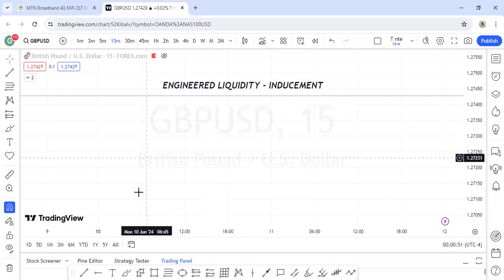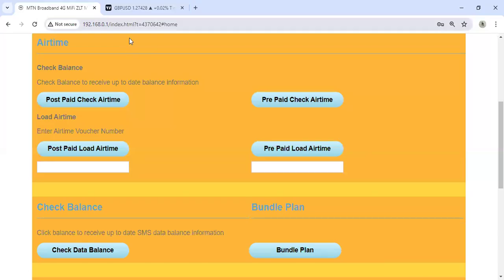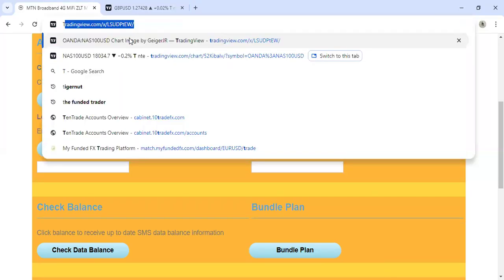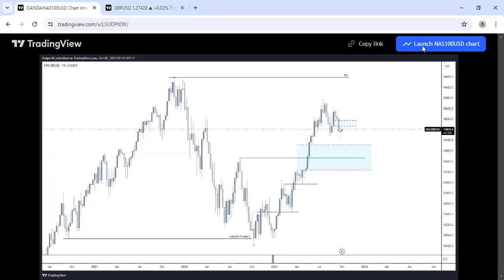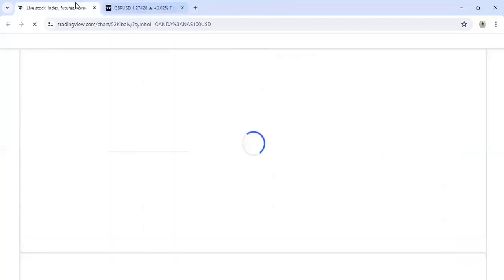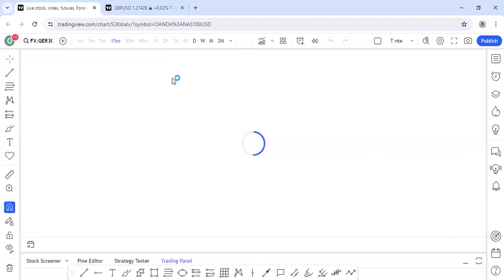So most times when the market is printing some kind of price action, it tends to form some kind of inducements. Let me get TradingView. I have to show you quickly with the real charts what I'm trying to say. So inducements form almost every time in the market.